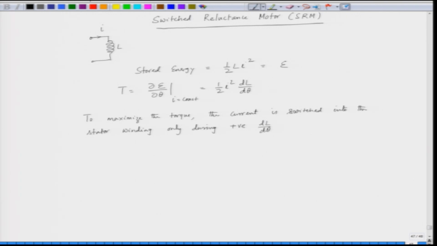If you want to have positive torque, we have to switch the current when dL by d theta is positive.